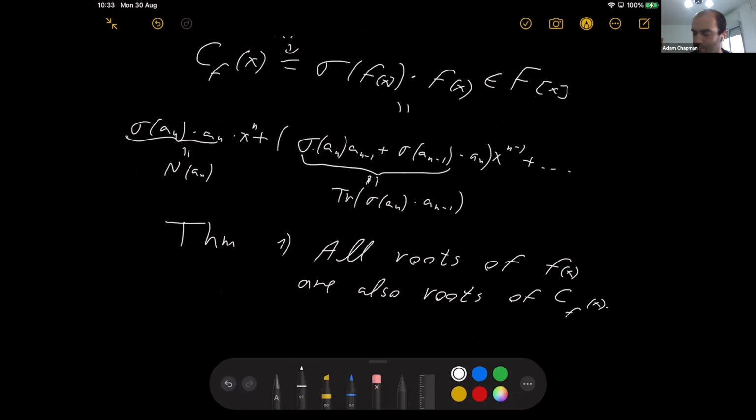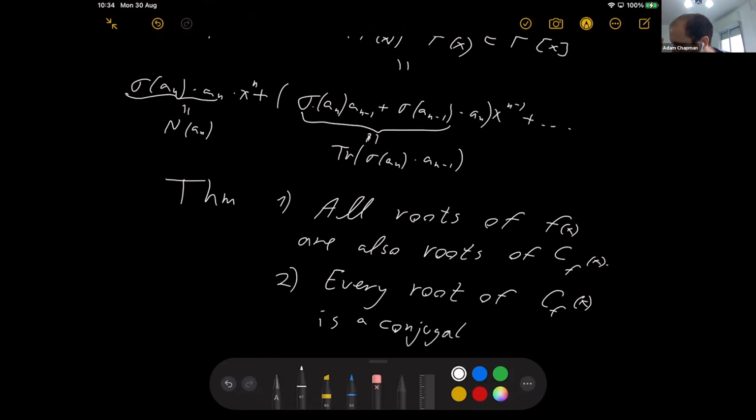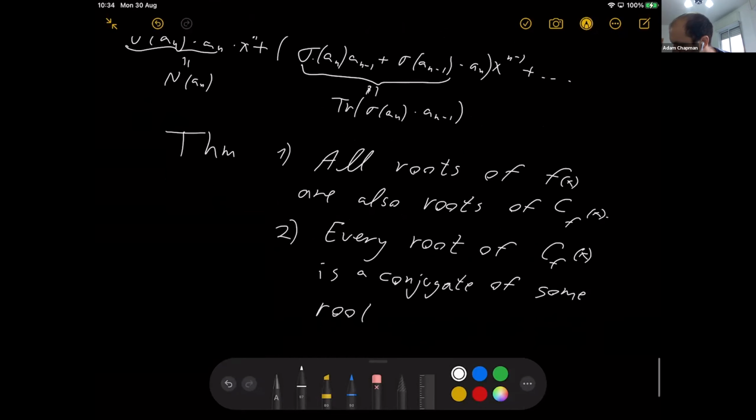So that's one thing. And the other thing is that every root of cfx is a conjugate of some root of fx.